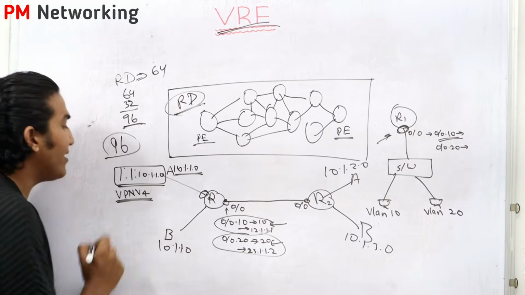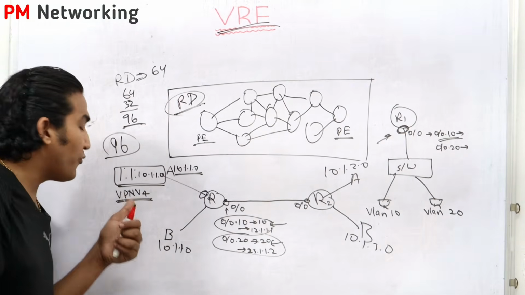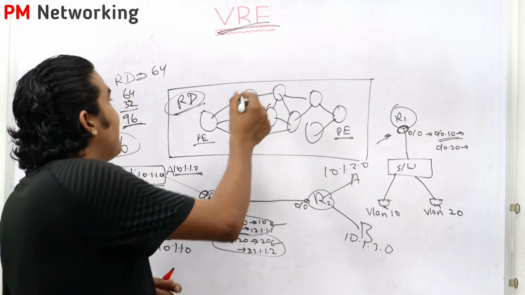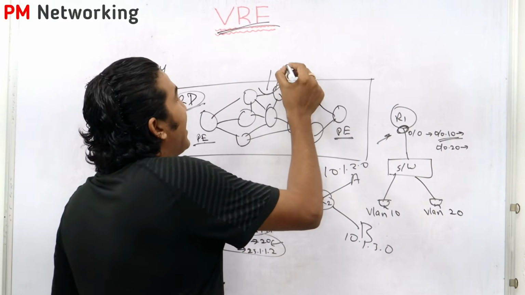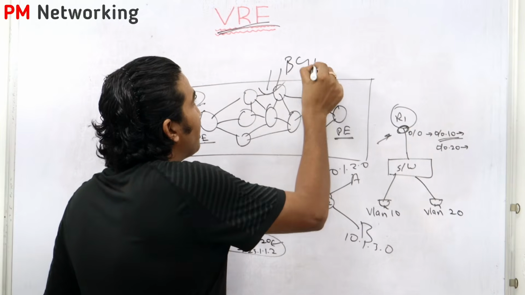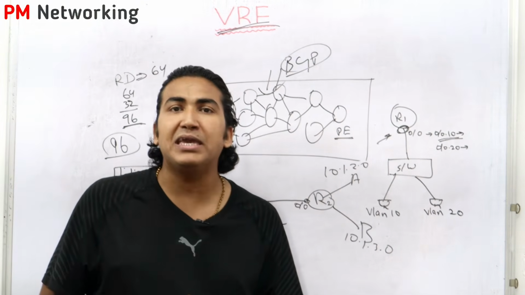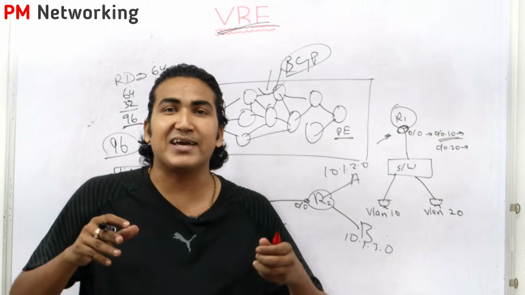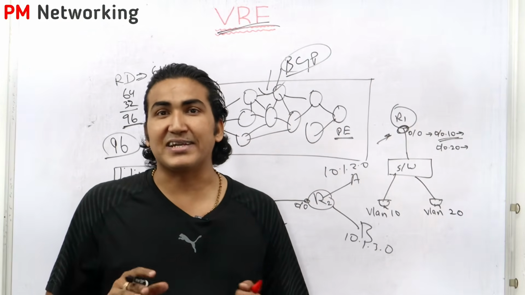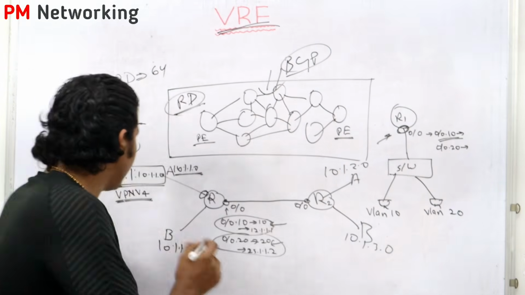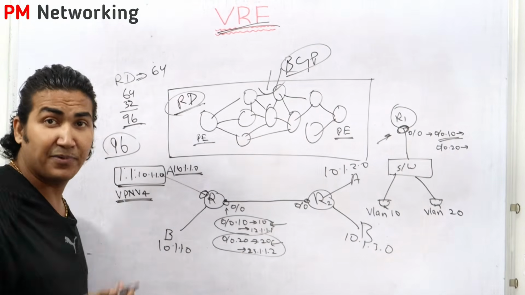And to forward VPNv4 prefixes, normally in service provider network we are running which routing protocol? BGP. But normal BGP is used to share 32 bits prefixes. Normal BGP cannot carry these 96 bits prefixes.